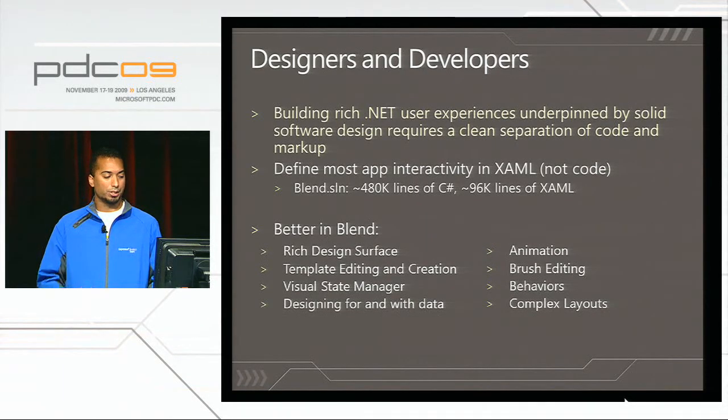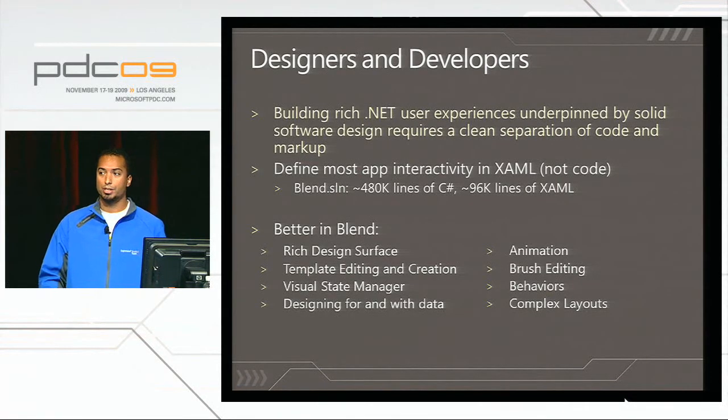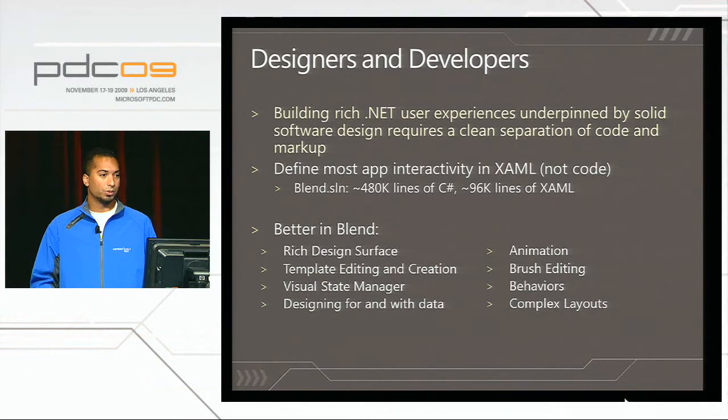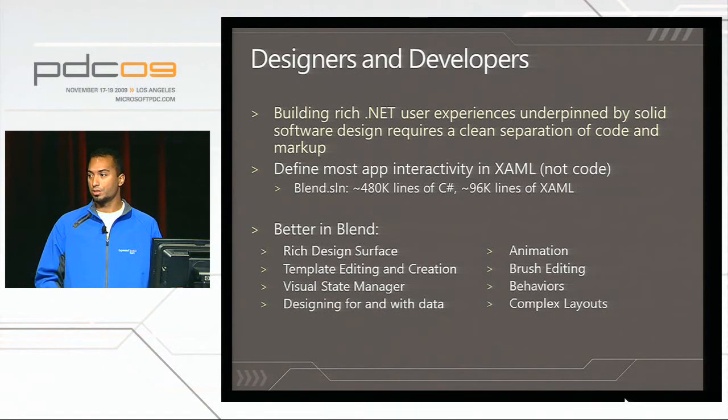And you can make the argument, is a line of C# the same as a line of XAML? But the real point is you probably don't want to write out 100K lines of XAML by hand or have anyone doing it, especially since that XAML contains features such as animation, complex layouts, control templates, brushes, those kinds of things. You want to use a tool and leverage the ability for Blend to generate that XAML for you, and you know that it's correct and you can see it visually and edit it visually.